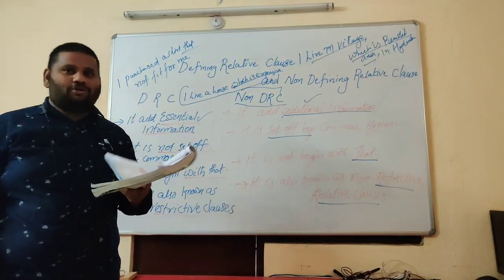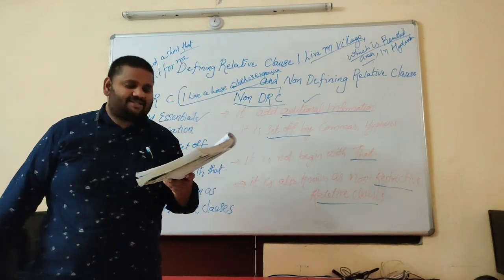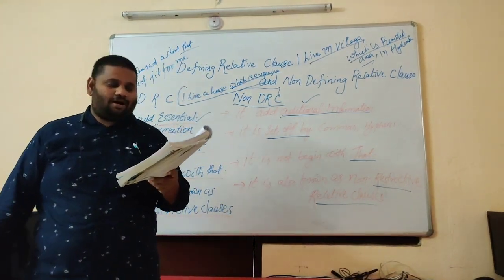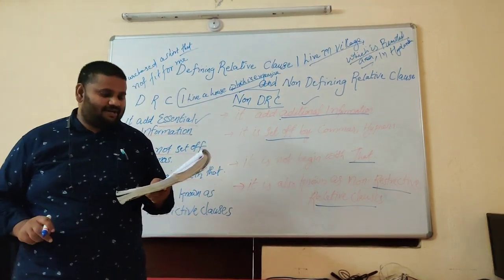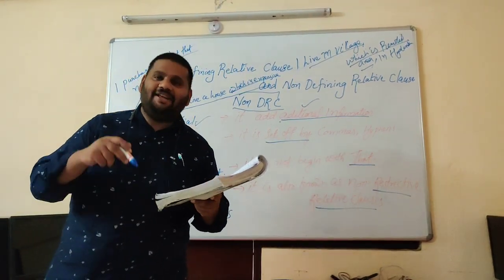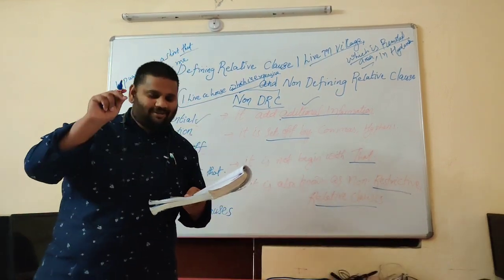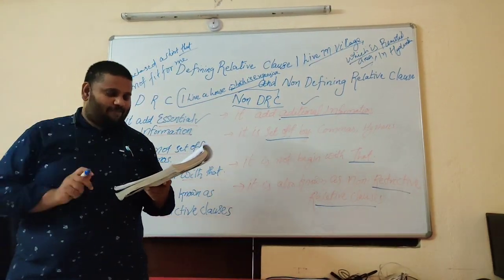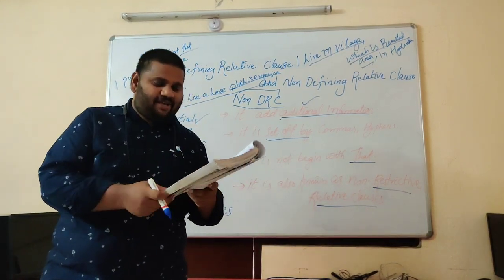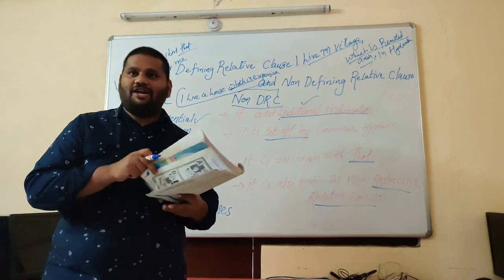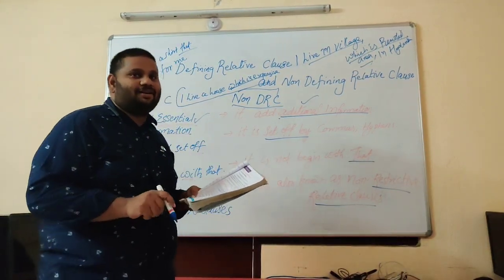So let us go to the next exercise. Complete the sentence with the defining or non-defining relative clause. If you have the test open, I hope you see the first example: This is the peaceful place. We have to fill in with a defining or non-defining relative clause.